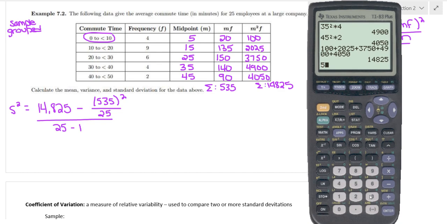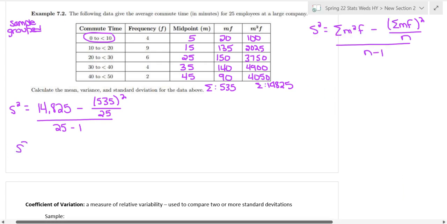So we'll do 535 squared first. I'm not going to write out each step on this one. So I square first, then I divide by 25. So I get 11,449 right there. So then I have 14,825 minus 11,449. And then I'm going to divide that by 25 minus 1, which is 24. So that gives me 140.667 for my variance.